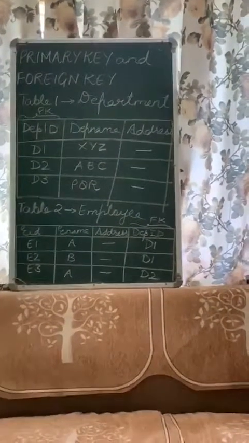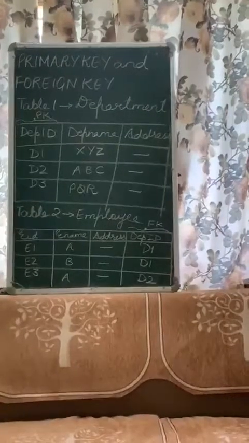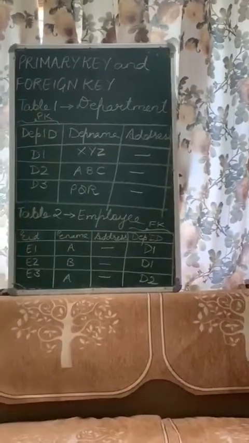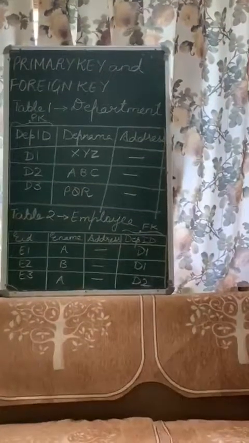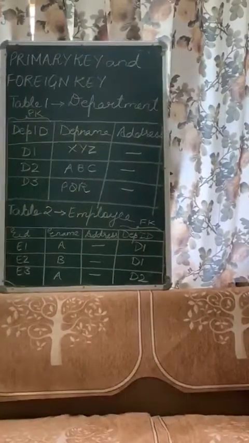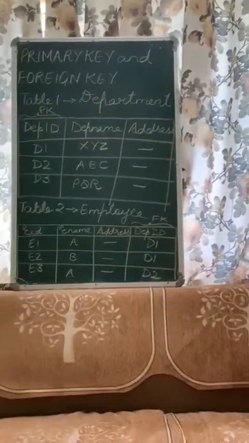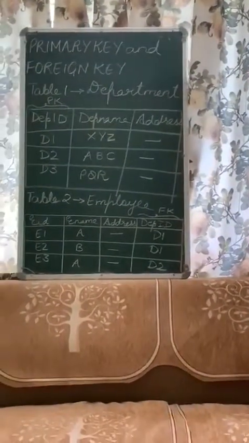So here your department ID is a foreign key because it acted as a primary key in some other table, that was department. So foreign key is a key that is referred to or acting as a primary key in some other table.